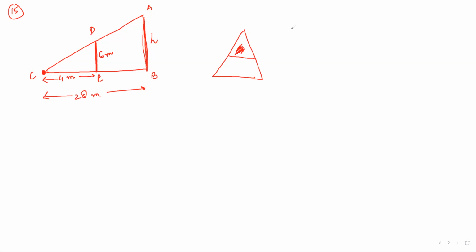So like CE by EB. No, you can do one thing here, because you need H, right? If you show the complete triangle ABC is similar to triangle DEC, right? So if you show it similar, that means the sides are going to be in proportion.